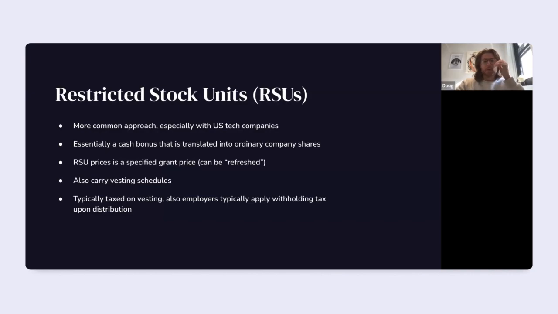It has been a little bit more common, especially as tech share prices have been falling, that these grant prices can be refreshed. And so for, say, some unvested RSU units you may have in the future, if those are set at a price that's just not going to be achievable anytime soon by a company, some companies have very generously refreshed those down to lower prices, which means that there's more of a gain to be made.